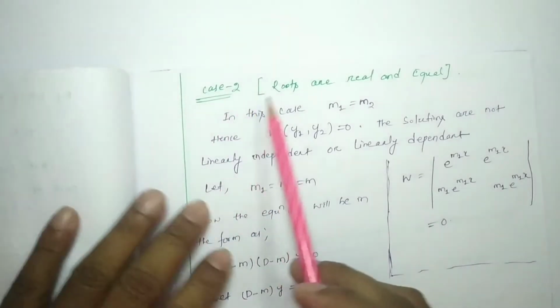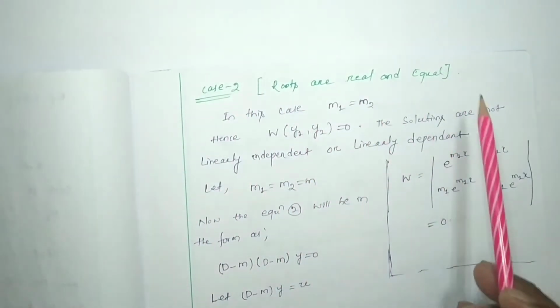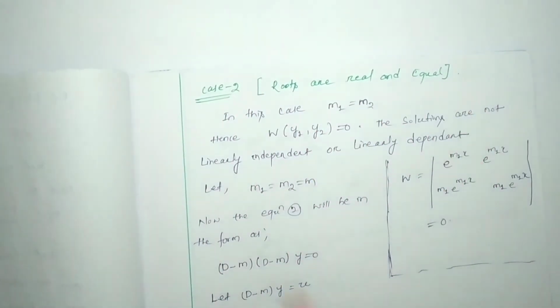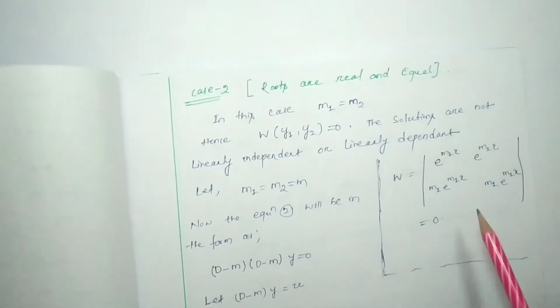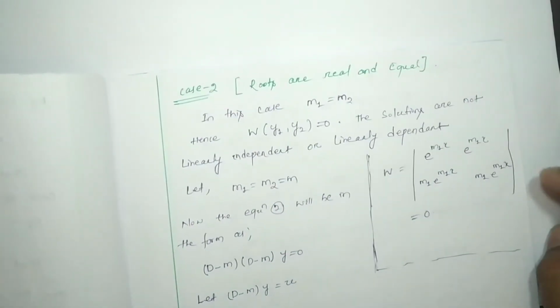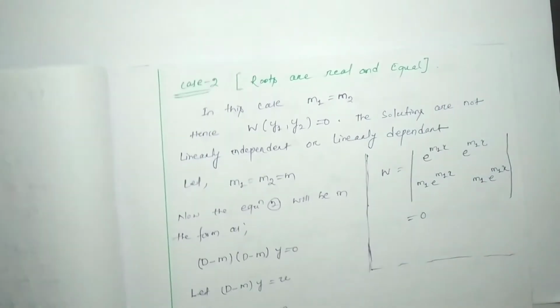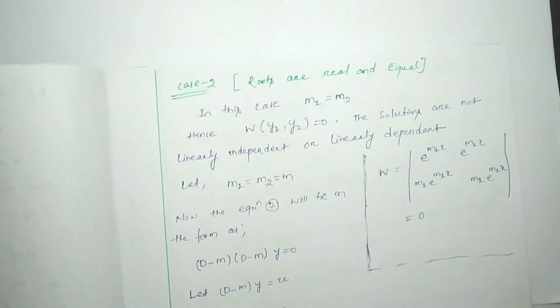Now we have to consider case 2, that is roots are real and equal. These are most important things that you have to remember, because they will be required in your fifth semester whenever you interact with the Schrodinger equation and the like.